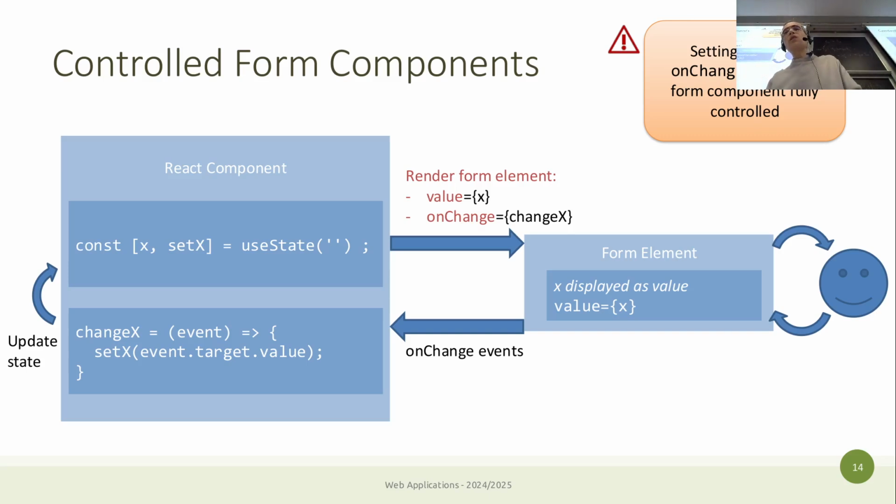Okay, so setting the value for the form element, plus setting the onChange handler with something reasonable, makes the form component fully controlled. Okay, that's the way in which we would like to code our form elements.